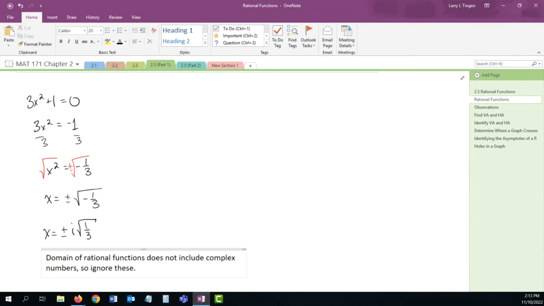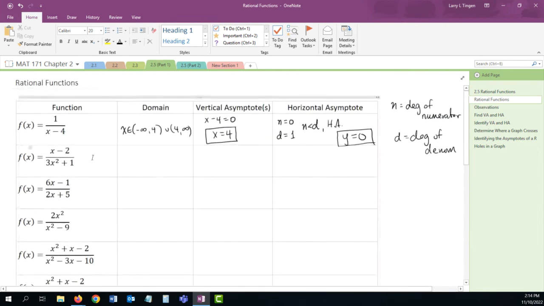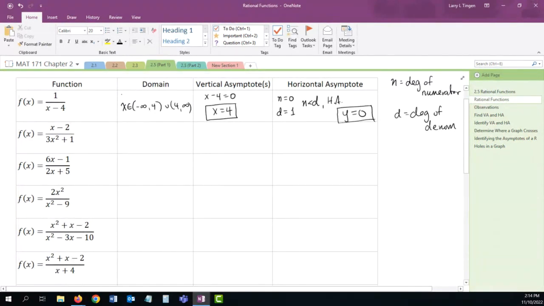If you want to follow the algebra steps correctly each time by setting it equal to 0 and solving, great. But when you get here, make sure you know that just because that is what makes the denominator 0, it doesn't mean you have to remove it. That's not part of the domain anyway. So if you do your domain steps and you find that the zeros are all complex, the domain is all real numbers.